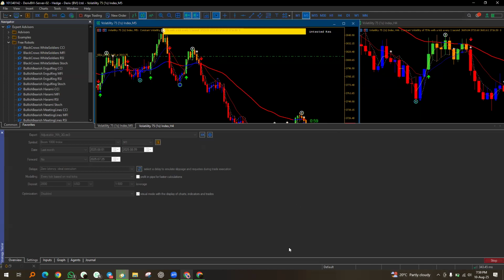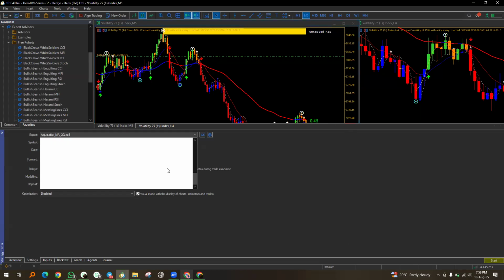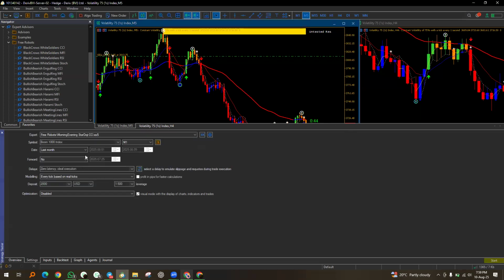So now, the thing is, I think this one can work. Let me just see if there's something here. Morning star, dodgy and stuff. So usually, you can try it.